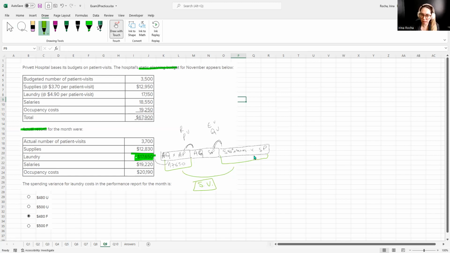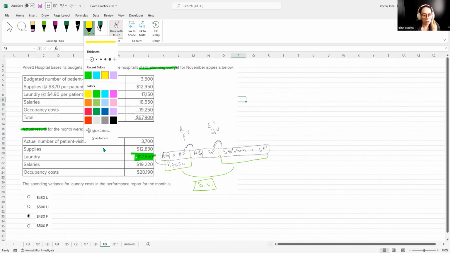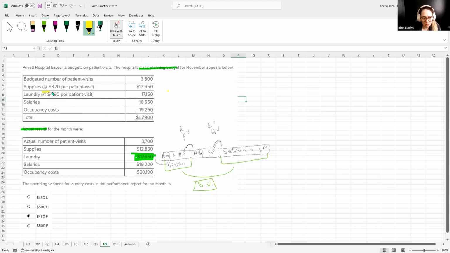We have this information right here. What I planned for, we have to pay attention to: we planned to spend $490 per patient visit.